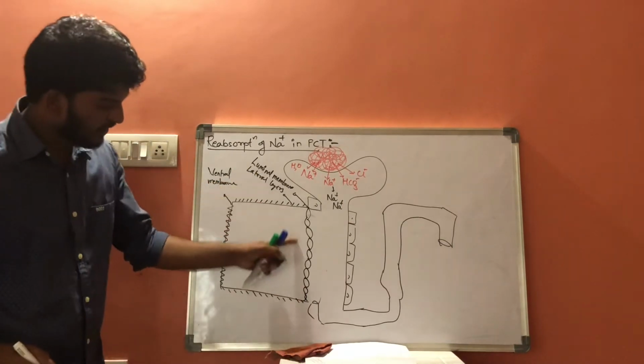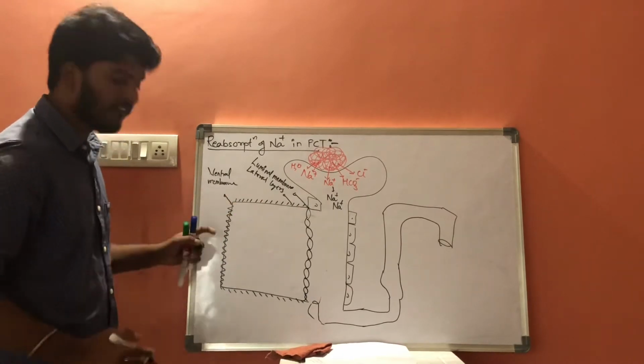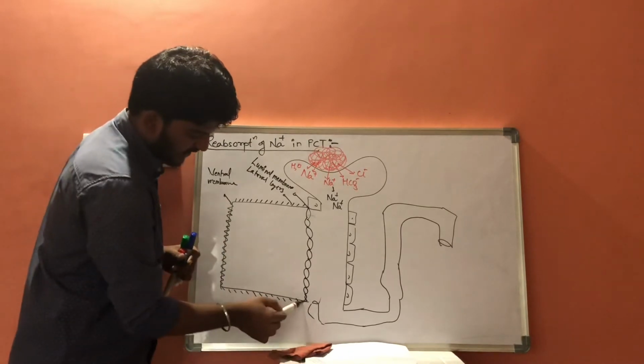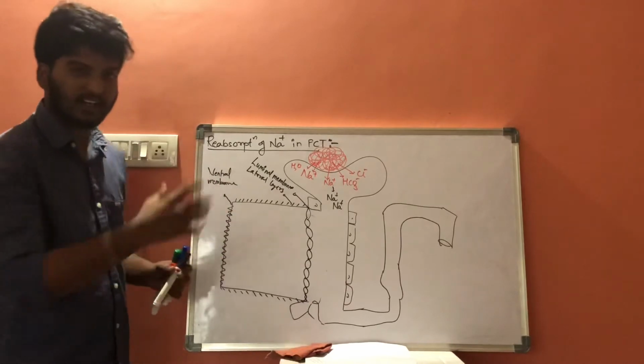This is luminal membrane and these two are the lateral membranes, whereas this is called ventral membrane. So this is one cell. Below it consists of again the same type of cells. So out of this, one cell is enlarged.